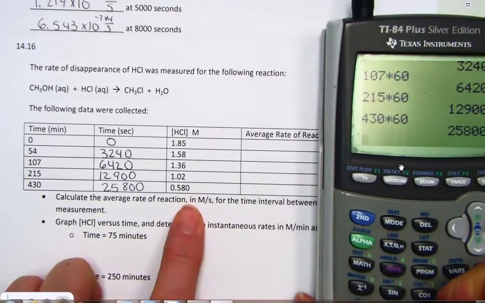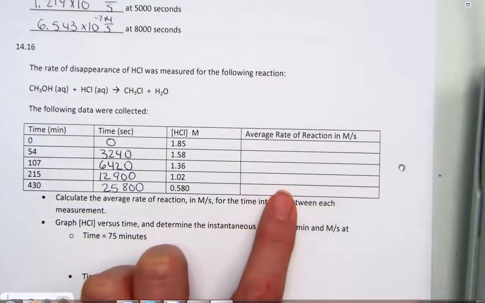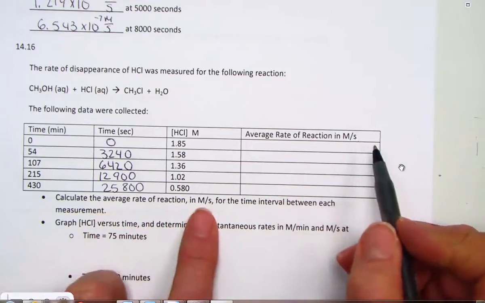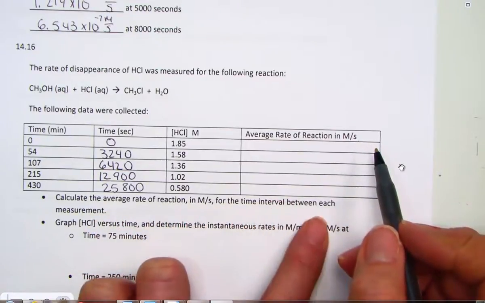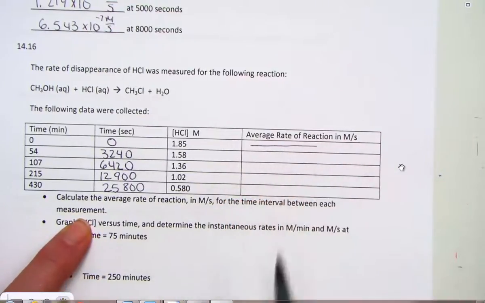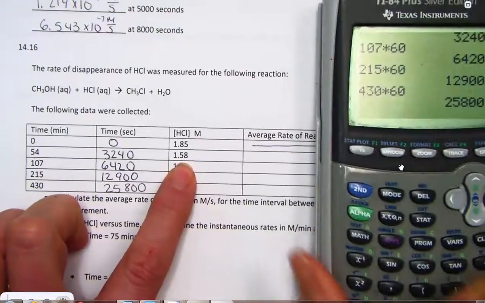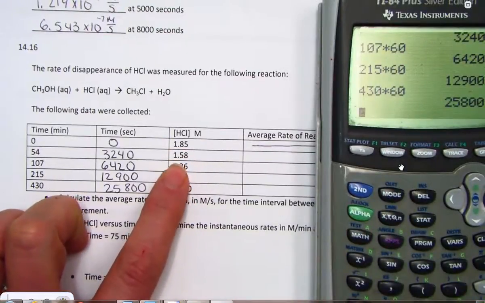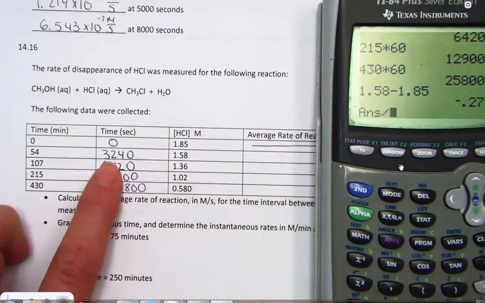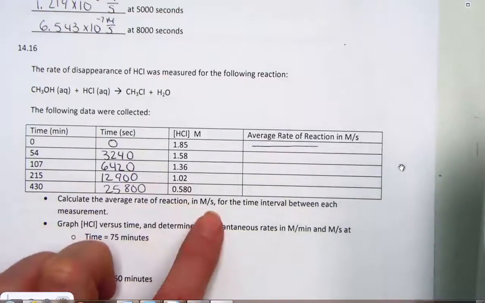We have the concentration of HCl, and we want to calculate average rate in molarity per second. So calculating average rate for the time interval between each measurement. Remember, there is no interval at time 0. We begin here comparing line 2 with line 1. 1.58 subtract 1.85 divided by the time interval, and it wants it in molarity per second.